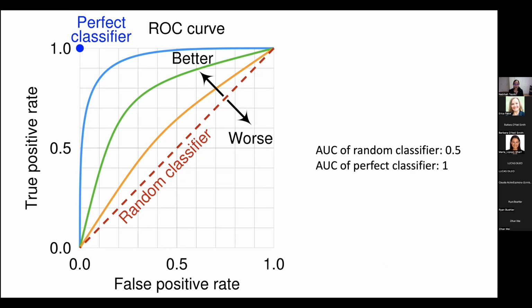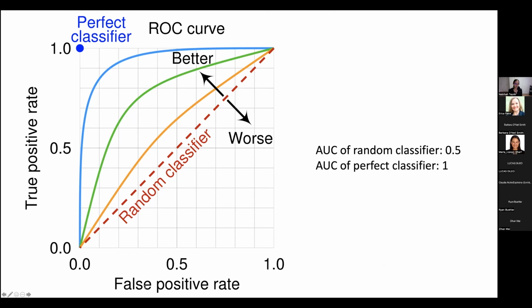So what is AUC and why? An ROC curve is telling you how good your classifier is. If you have just a random classifier, so flipping a coin to decide whether disease or no disease, cancer or no cancer, you would get an ROC curve that lies on the diagonal.